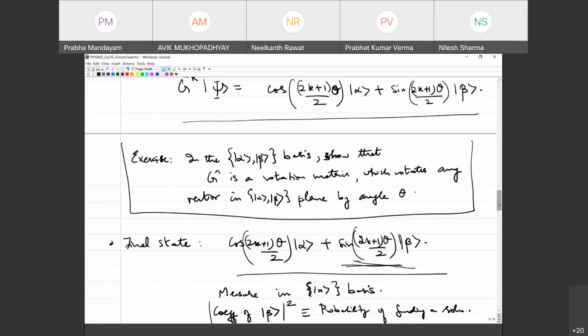So yeah, the only other thing which I did not mention here is this part, which I've left for exercise. So basically what I want you to show here, and like I said, I might give this in an assignment, is that G basically is this 2 by 2 rotation matrix. So this is the key part of the Grover search, that you have constructed an extension of the oracle, right?